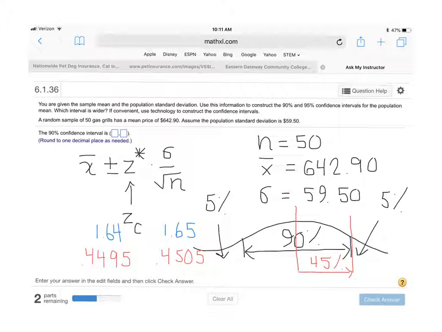Since 0.4500 is right in the middle of those, we're just going to need to average those. So we take those two critical values, add them together, and divide by 2, and that's where we get our critical value of 1.645.